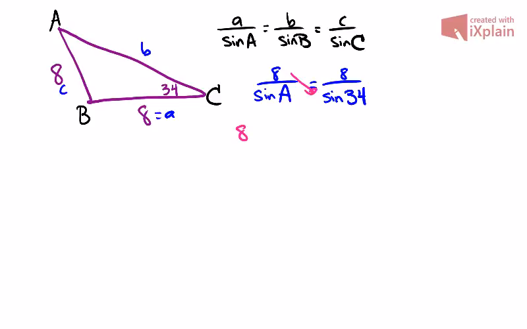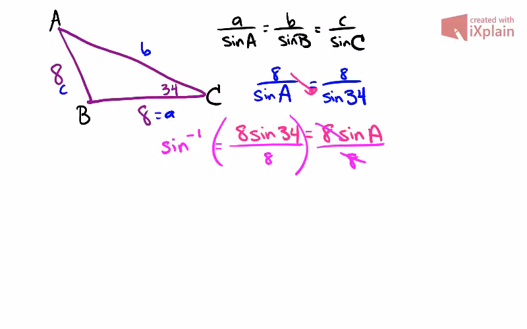So we just have 8 times sine of 34 equals 8 sine of A. We need to isolate this sine of A, so I just divide both sides by 8. Now the 8 crosses out. Now when we put it in the calculator, we're looking for an angle, so we need to hit second sine and then put that part in the calculator so it gives us our angle.